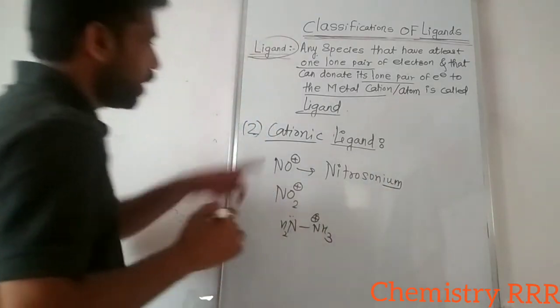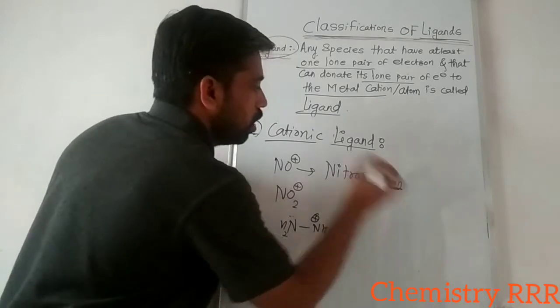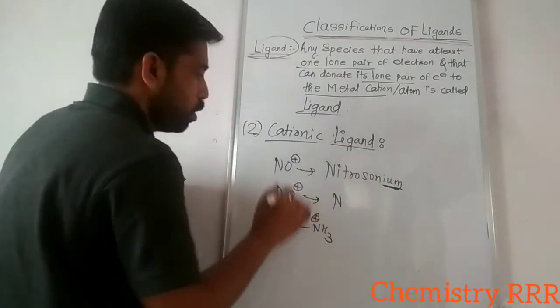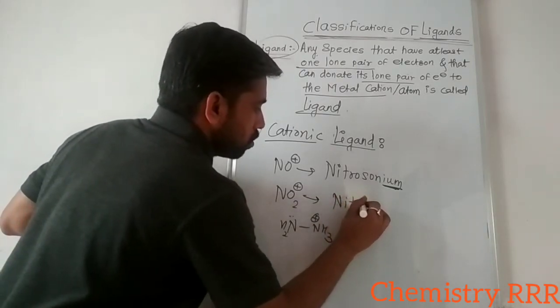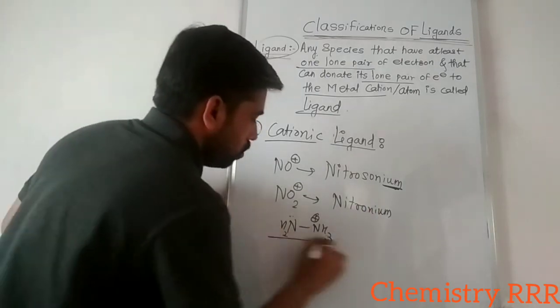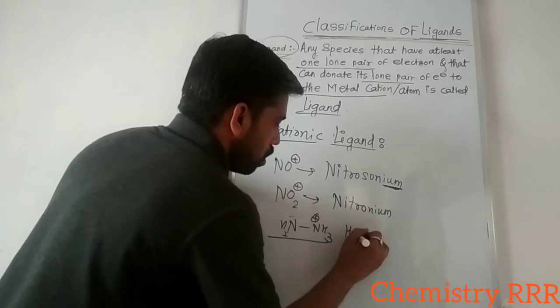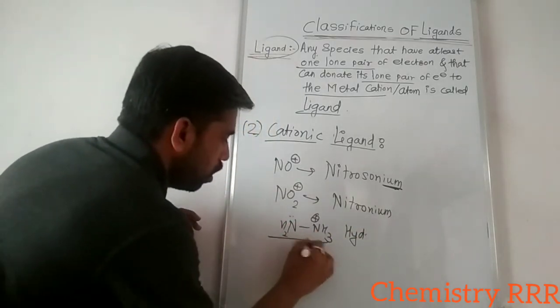The cationic ligand names end with IUM. Now this is NO2 positive, which is nitronium. This ligand is nitronium. Now how does this become?